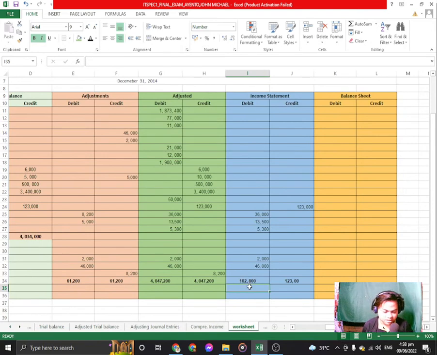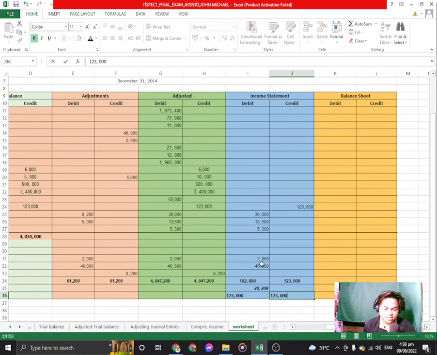Pila to siya? 20,200. Okay. So ato i-add 102,800 added 20,200, a total of 123,000 pesos. And then diri i-down lang na to siya kay balance naman sila.